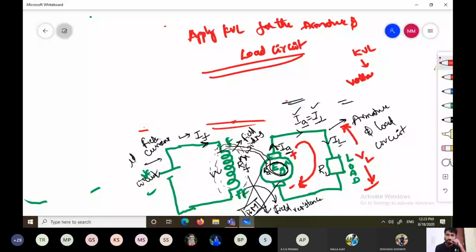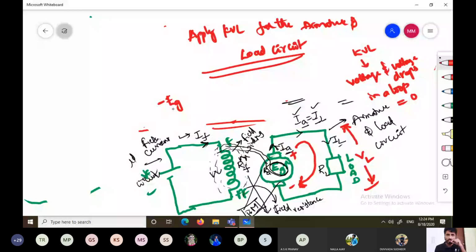In this loop we are going in the direction of IA and we touch the negative terminal of EG, so it is minus EG.